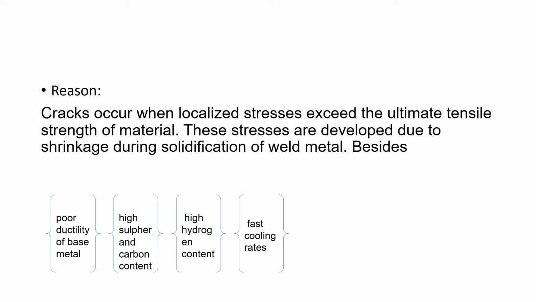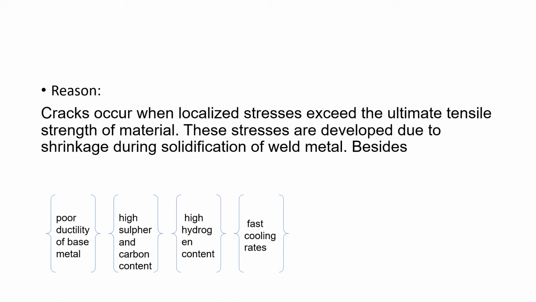The cracks occur when localized stresses exceed the ultimate tensile strength of the material. So when it exceeds the UTS of the material, then the crack occurs. These stresses are developed due to shrinkage during solidification of weld metal.